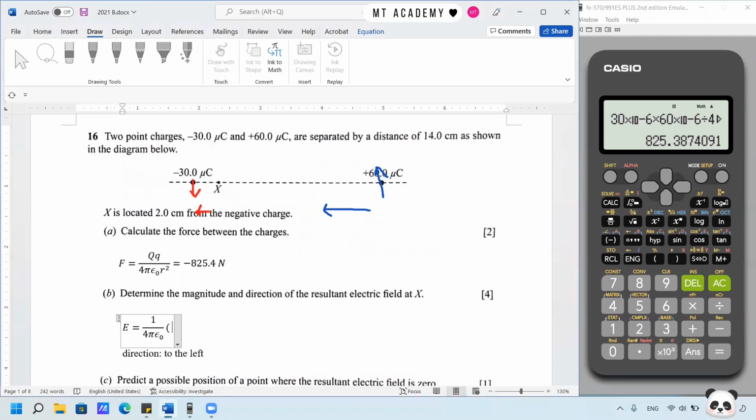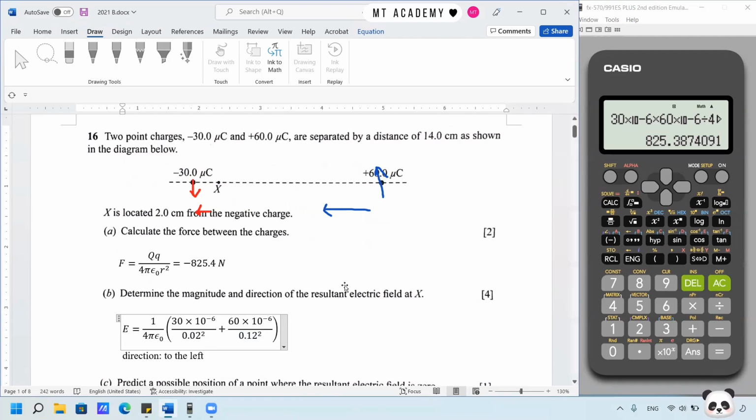The first is the electric field due to the negative charge: 30 micro, divided by the distance, 2 centimeter, 0.02 squared, plus the electric field strength due to the positive charge, 60 micro, divided by the distance, which is 14 centimeter minus 2 centimeter, 12 centimeter, 0.12 squared.